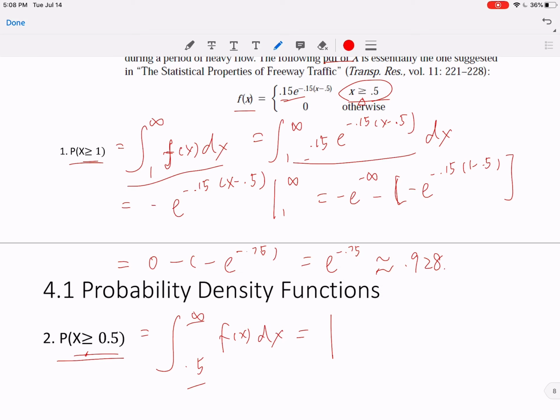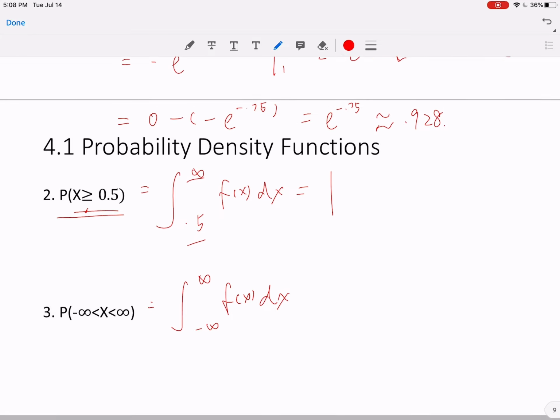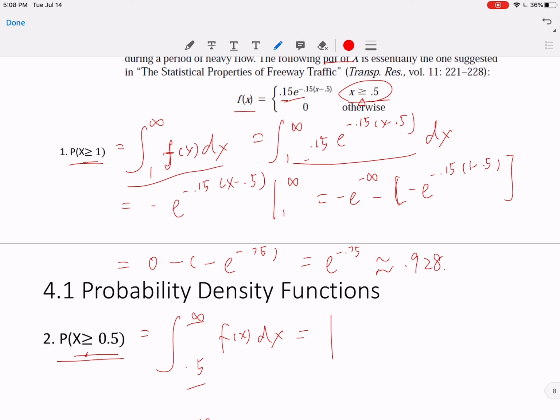And then what about number 3, the probability that x is between negative infinity and positive infinity? By the definition, that is the integral from negative infinity to positive infinity of f of x dx. Since x starts at 0.5, if x is any number less than 0.5, the density is 0.